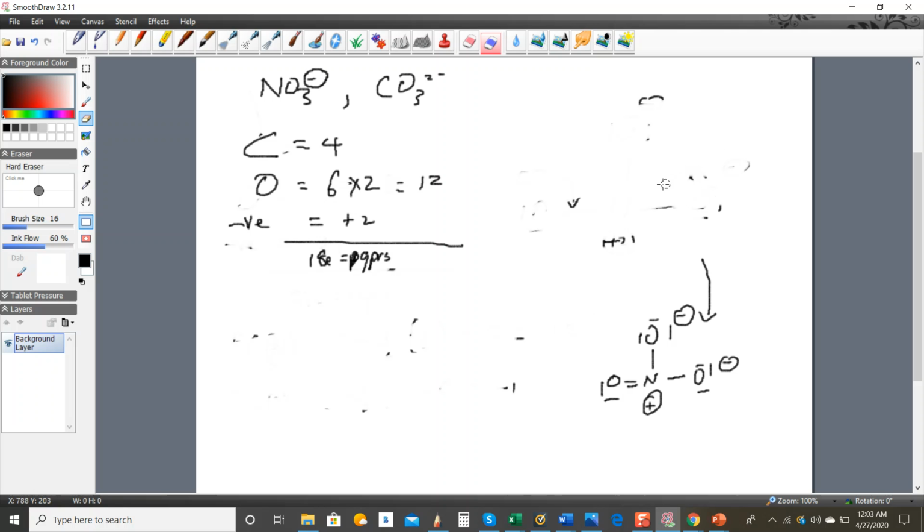So, as we would have done before, we set up the arrangement of the atoms such that the carbon is in the middle, surrounded by the oxygens. We put the bonding pairs here, 1, 2, 3. So we have used up 3 of the 12 pairs. 4, 5, 6, 7.